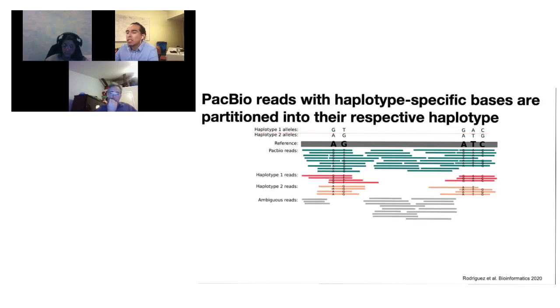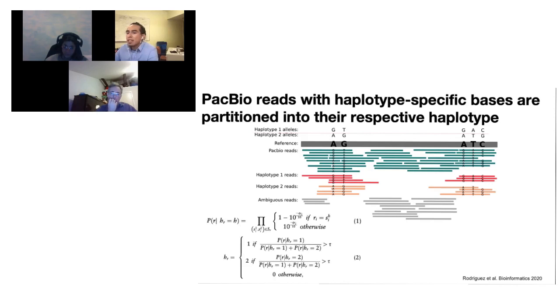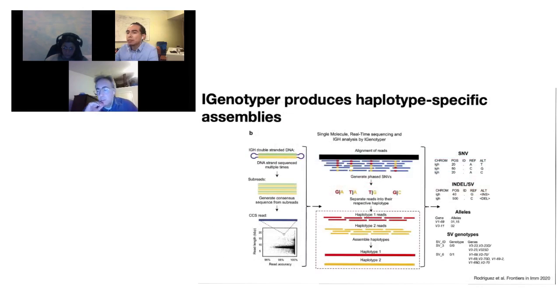By using this information, we can partition the sequenced PacBio reads into a set that is haplotype 1 specific or haplotype 2 specific. This is done using a probabilistic framework where the read base quality score at the overlapping SNP position is taken into account. After the reads are partitioned, each haplotype is assembled using its respective haplotype-specific reads.